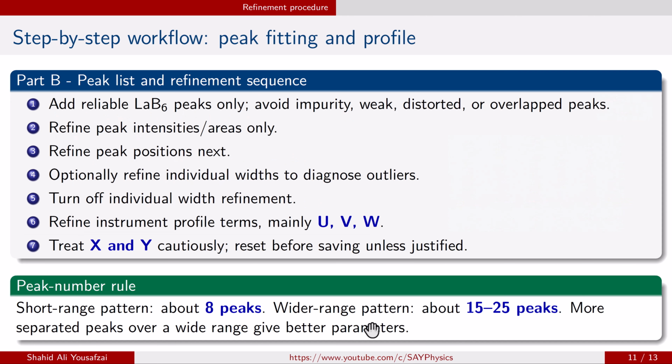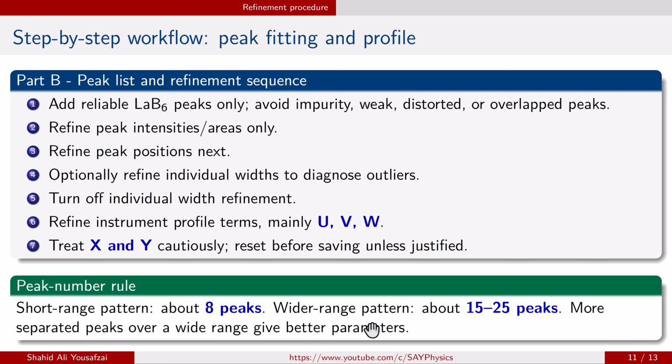After preparation, we build the peak list and refine the peak model step by step. We add only reliable LaB6 peaks and avoid impurity peaks, weak peaks, distorted peaks, and strongly overlapped peaks. First, we refine only peak intensities. Next, we define peak positions. Then, if needed, we temporarily refine individual widths to diagnose outliers.